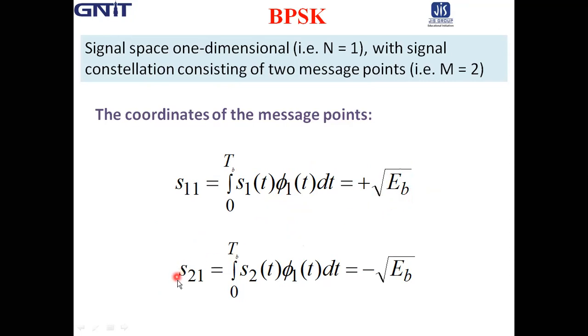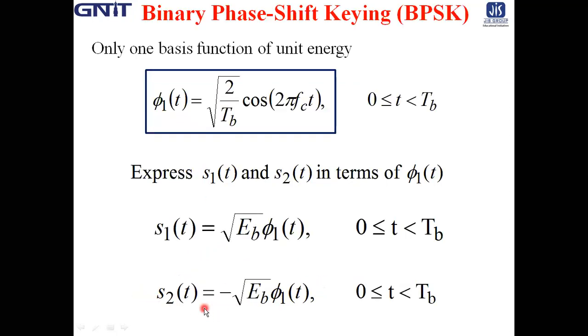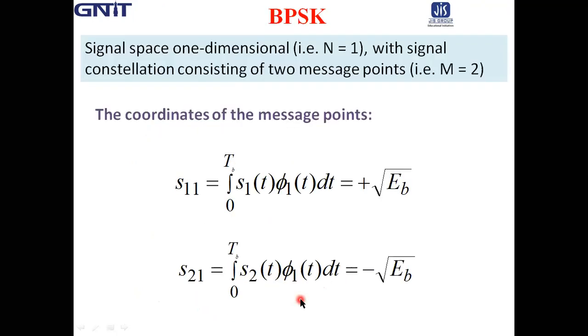And similarly, the other coordinate of the message point is S21, which is integration 0 to TB S2(t) phi 1(t) dt. If we put S2(t) equal to minus root over EB phi 1(t), then we get S21 equal to minus root over EB by applying the same rule, that is normalized to have unit energy.